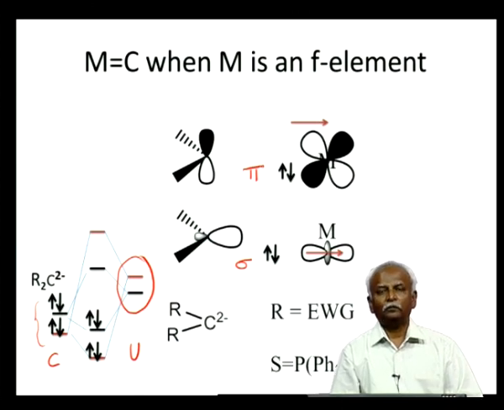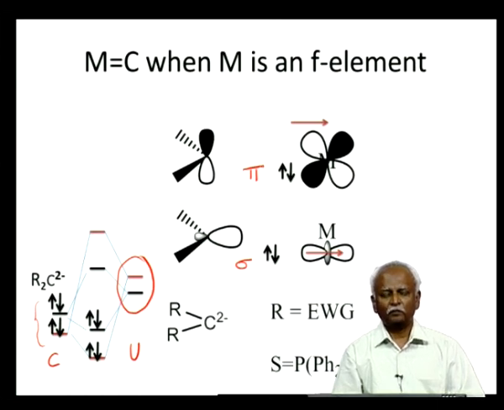So, you have a unique situation where it is no longer a carbene, but it still forms a metal carbon double bond, and this is made possible because you have electron donation both in the sigma manifold and in the pi manifold, both occurring from carbon to the metal.